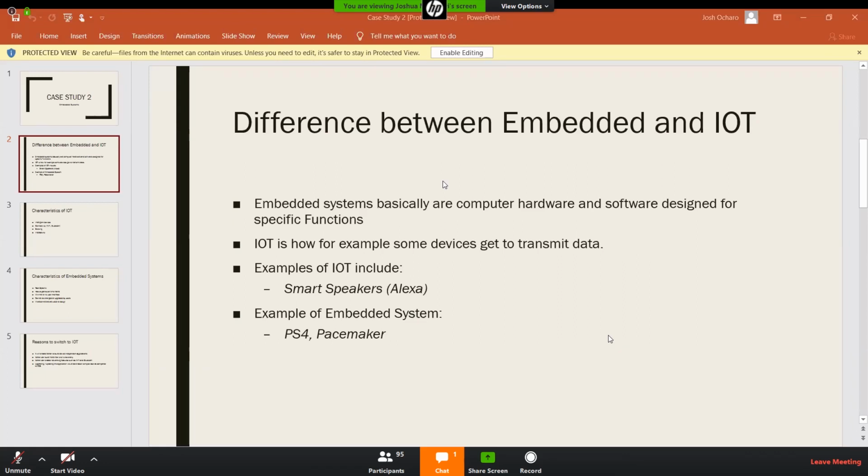And IoT is computer hardware and software and networking capabilities that are embedded into everyday things. They're often updated using network capabilities and may act as a client with functionality implemented by a cloud platform. For examples, for IoT we had smart speakers like Alexa, and for embedded system, we had the PS4, PlayStation 4 gaming console.